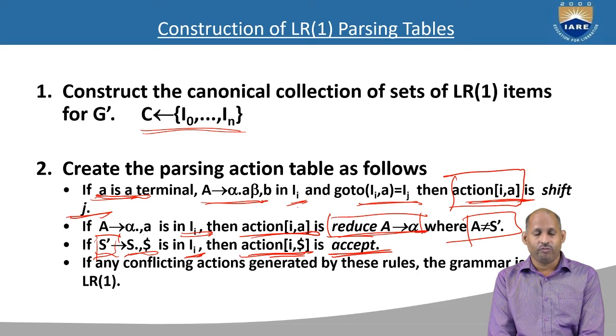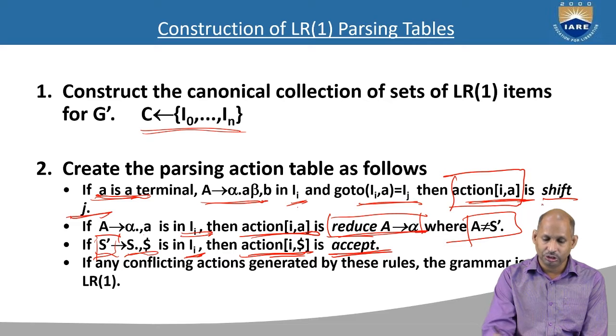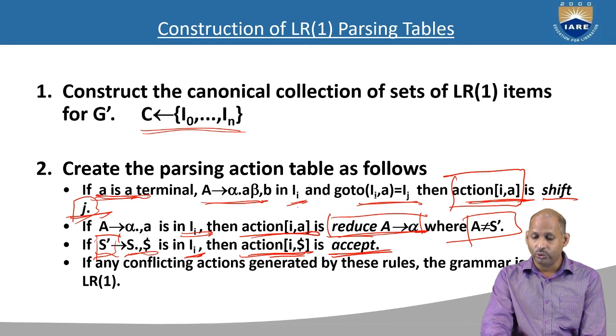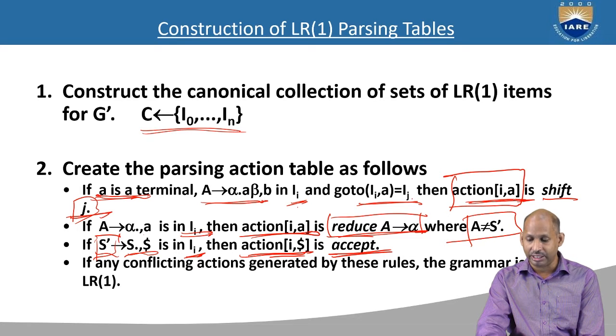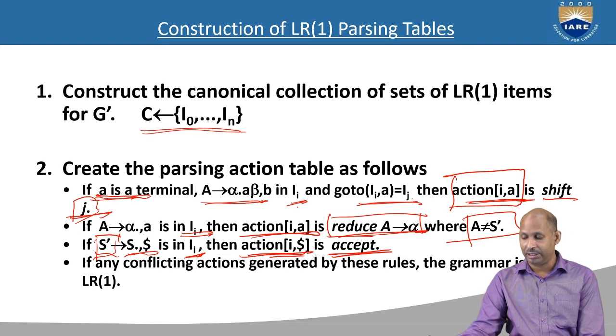There are only a few things we have to consider. One is the shift operation: when goto(I, a) goes to Ij, action[I, a] is shift j for all the terminals.